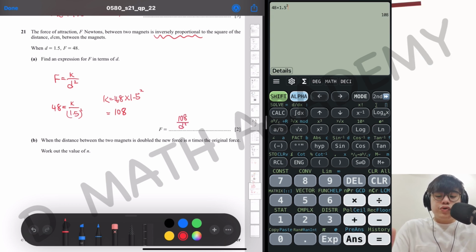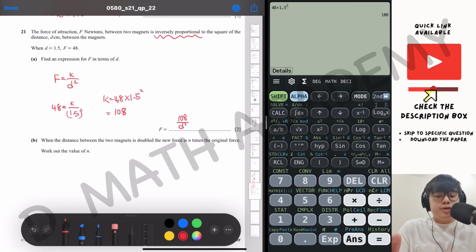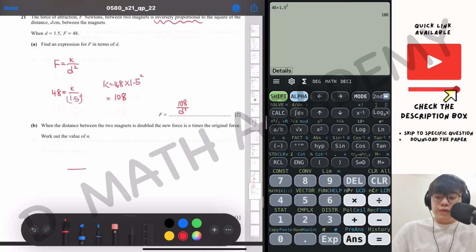When the distance between two magnets is doubled, the new force is n times the original force. We double that, it will be 3, and then we square it: 108 over 9 equals 48n. So n would actually be 108 over 9 divided by 48.